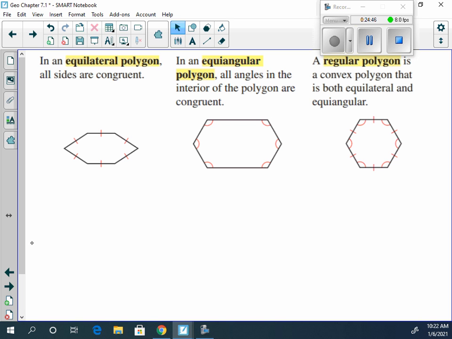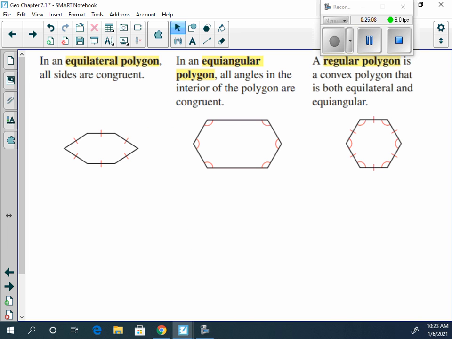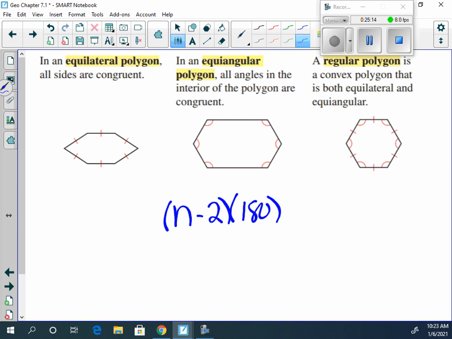And the number of angles is equal to the number of sides. So if I know that they're all equal, and I know what the sum is, if I want to find one of them, I can just take the sum of all the angles and divide it by the number of sides. So in a regular polygon, to find one angle, I can take n minus 2 times 180 and divide it by the number of sides.